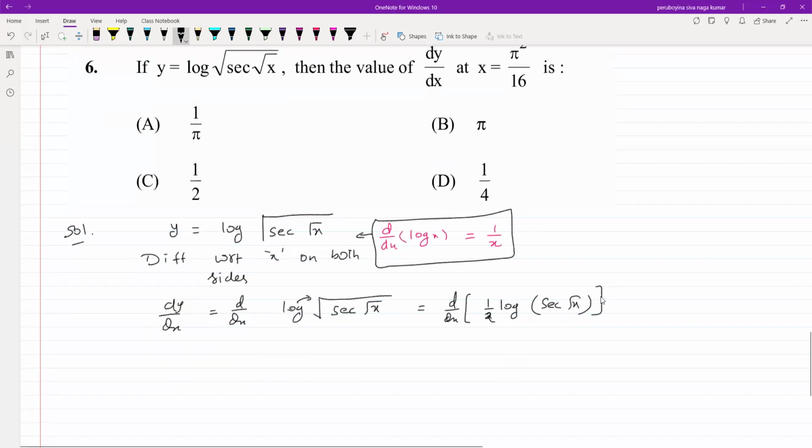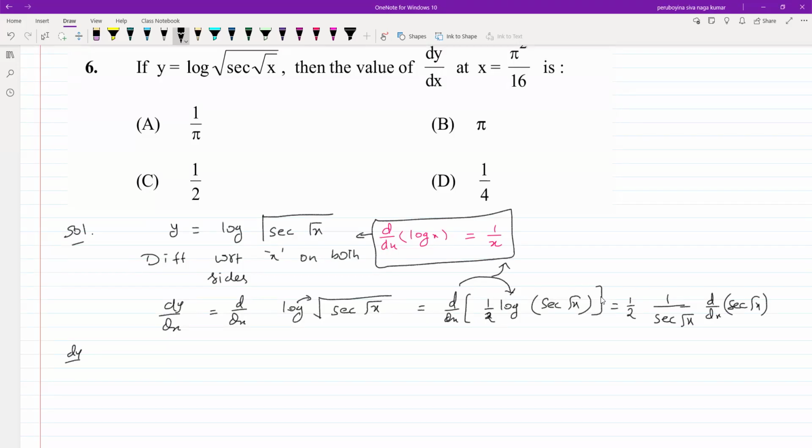And we will differentiate this. So it is 1 by 2 of the log derivative. The derivative is applied to log, so use this formula. But the x place is replaced by secant root x, so you can write 1 by secant root x. Since it is not x, we will differentiate again secant root x.